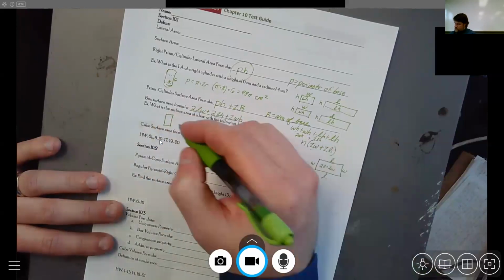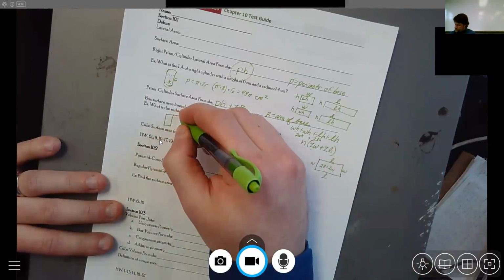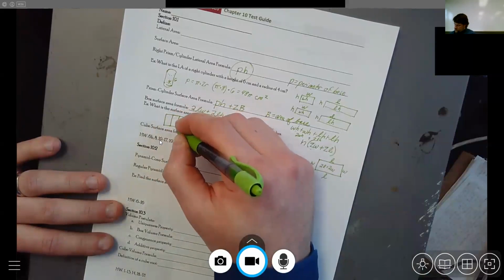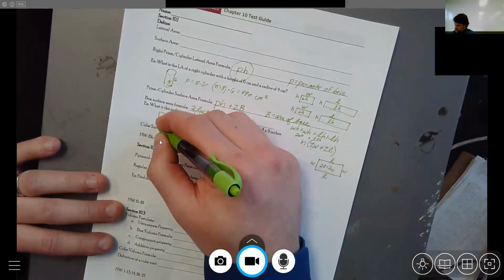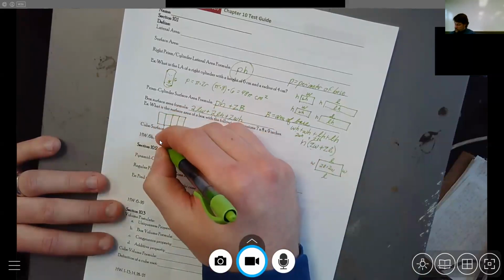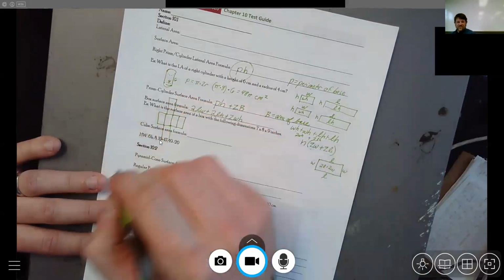This is not going to be to scale. Now I'm going to have to cross over the line here. Hopefully you can still make it out though.